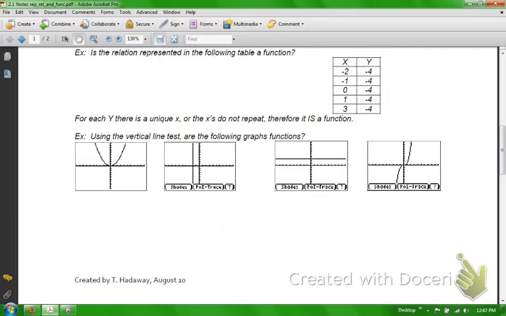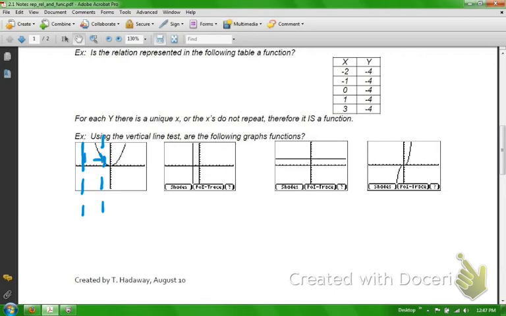Using just the vertical line test, let's go through these graphs and see if they are functions or simply a relation. So in the first graph, drawing an imaginary vertical line, how many times does that line cross the graph? 0. Well, if I drew my line right here, how many times does that cross the graph?